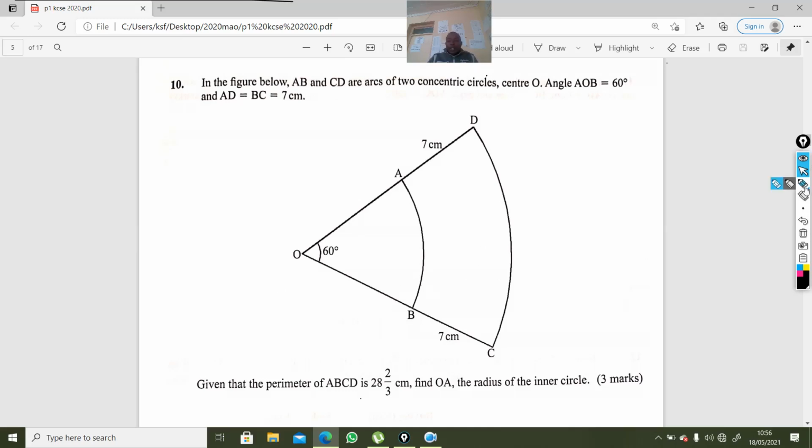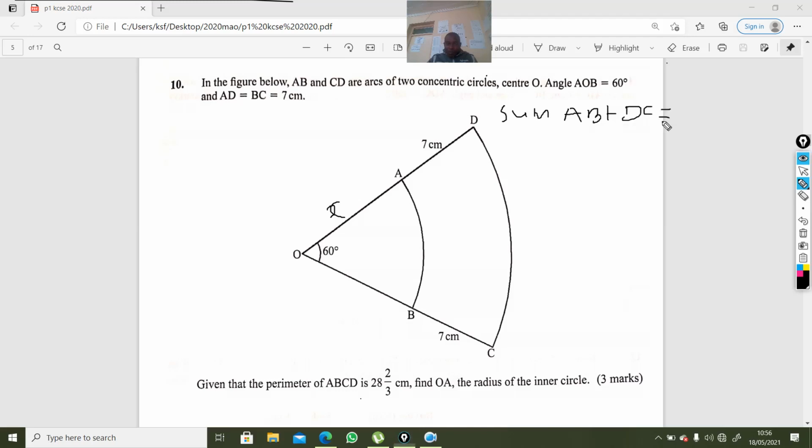If we let OA be x, remember we have the perimeter, so we can take the length of this arc and this arc, that is the length of AB and DC.